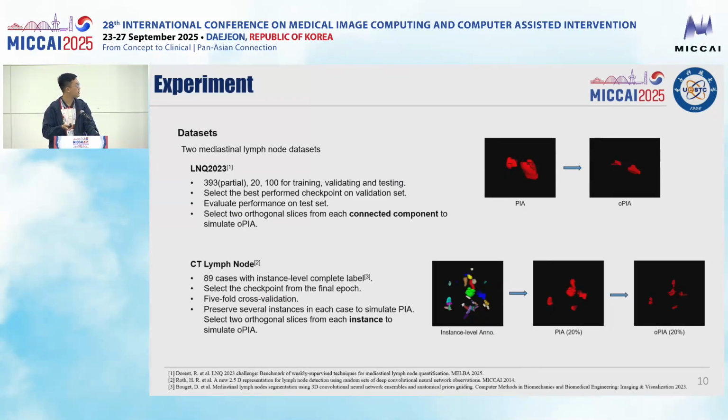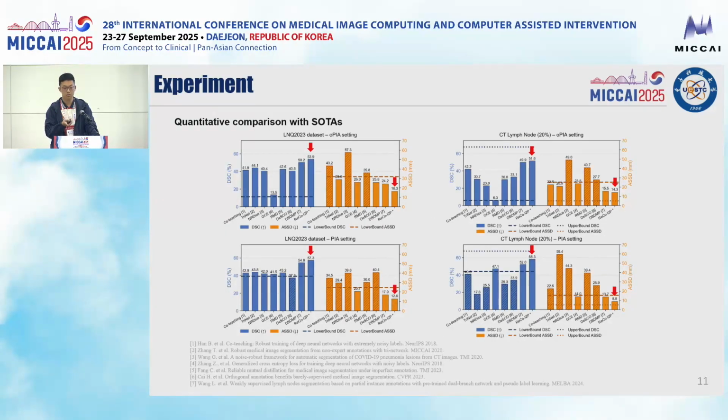So here we evaluate our method on two publicly available datasets. The first one is LNQ 2023. The training set of it is already partially labeled. To simulate the orthogonal partial instance scenario, we just select two orthogonal slices from each connected component.